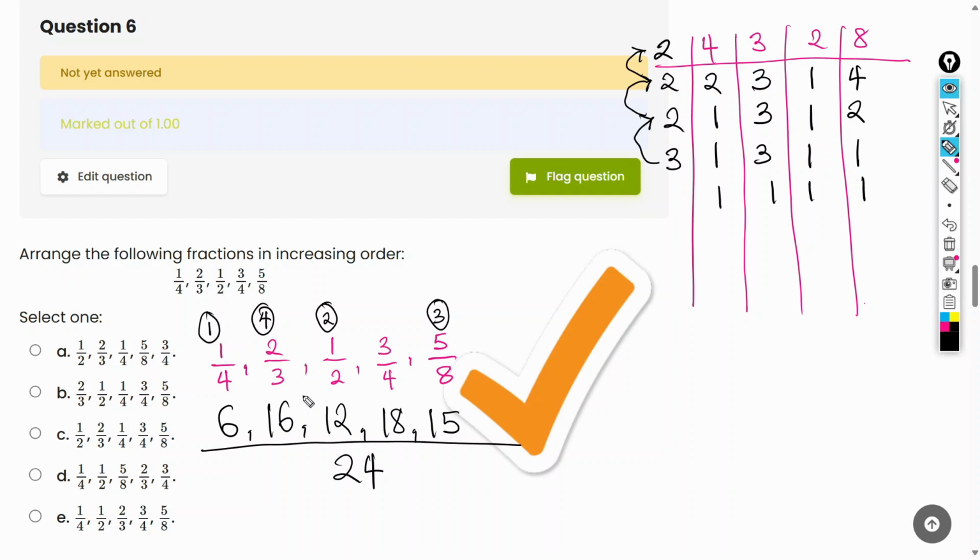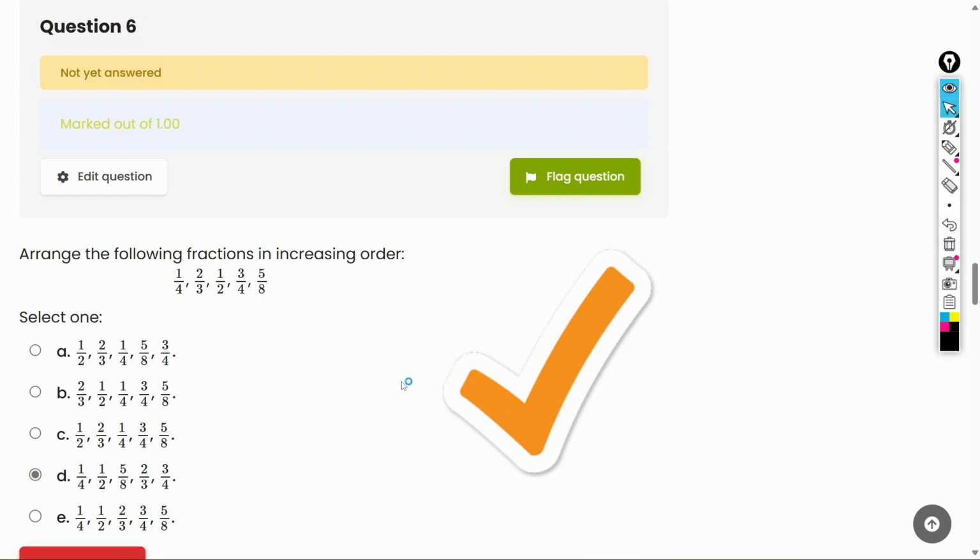And after 16, we have 18. So 3 over 4 comes next. So 1 over 4, 1 over 2, 5 over 8, 2 over 3, 3 over 4. So D is the correct answer.